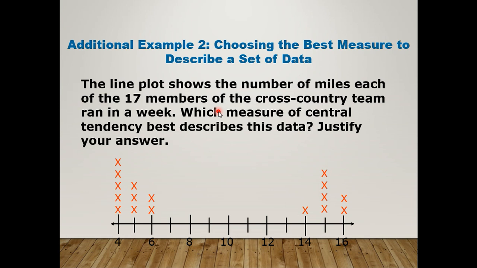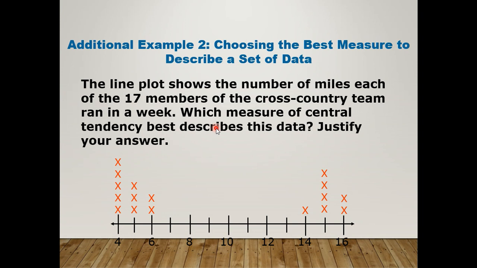And we need to justify our answer. So yung nakikita nyo po dito sa baba na plot, yung may mga cross-cross po dyan, yan po yung members. Yan po yung representation ng 17 members. And then yung number naman po dito sa baba, ito po yung nagre-represent for number of miles na natakbo po nila within a week.